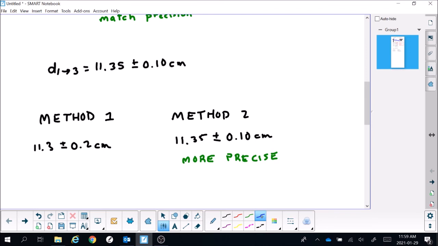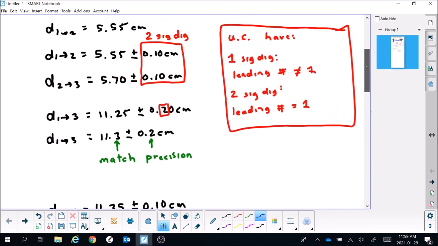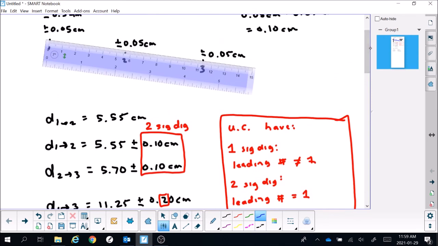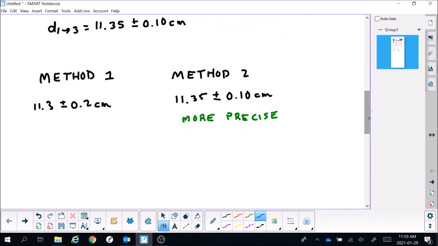However, with method 1, we individually measured where it went from 1 to 2 to 3. So we tracked this thing's distance more accurately. So method 1 likely is more accurate. Now, the question is, should you use method 1?